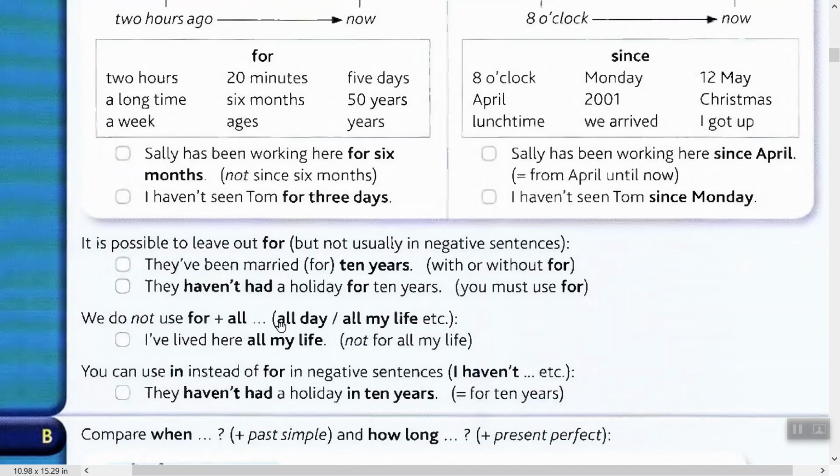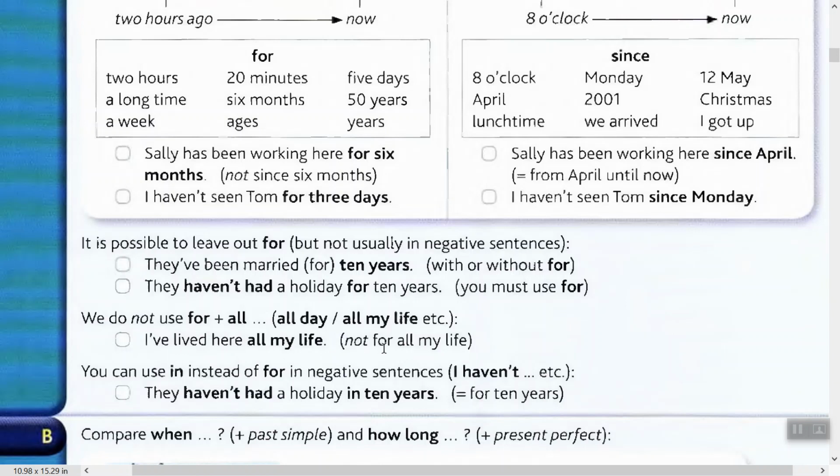If we have all day, all my life, all the day, for example, all my life, we don't use for. For example, I've lived here all my life. All my life, not for all my life. Wrong.